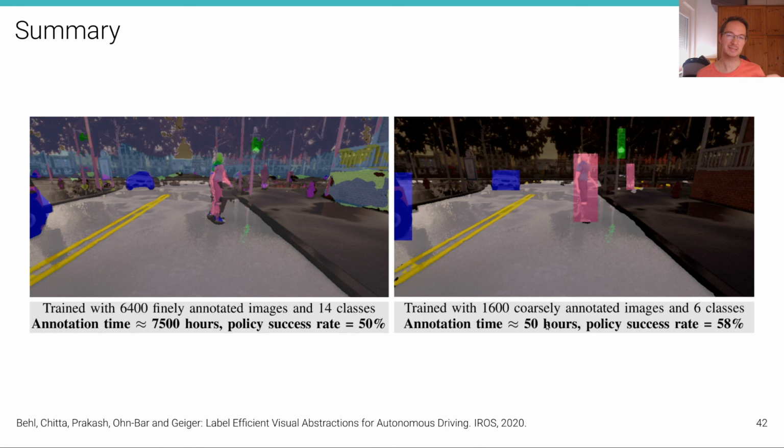What this means is that it's important how to choose the visual representation, the visual abstraction layer. And annotating more images is not always needed if the classes are chosen wisely and the representation is chosen wisely.